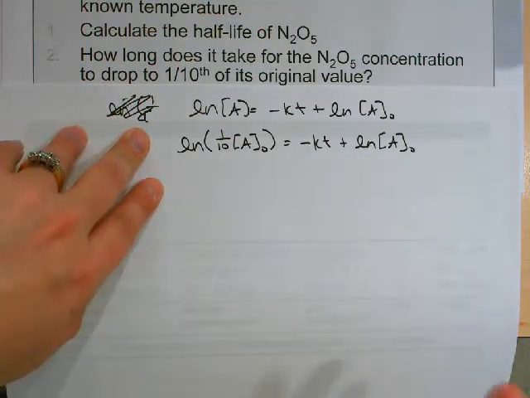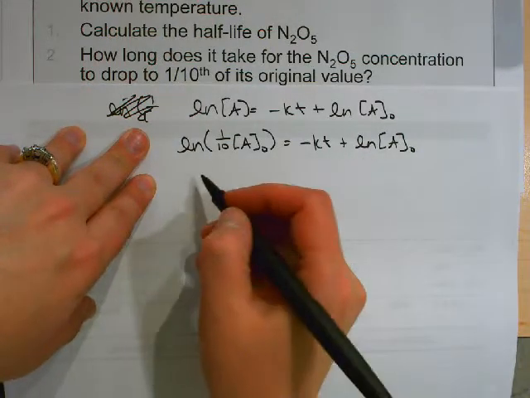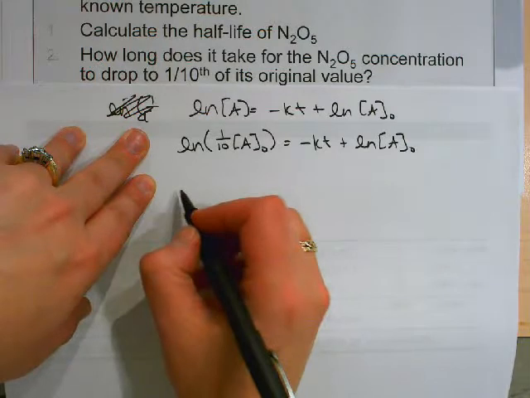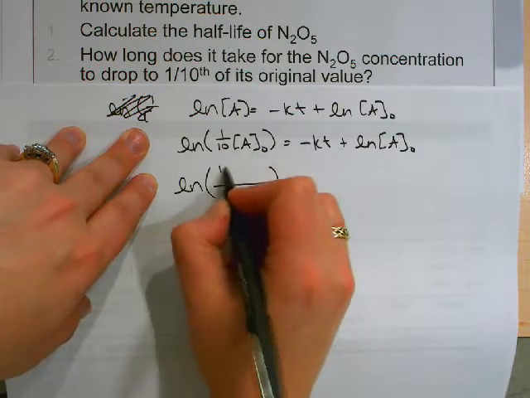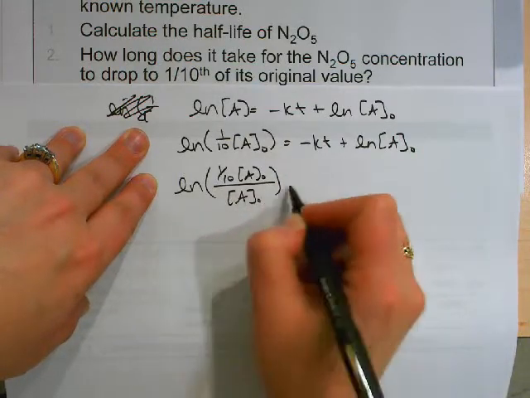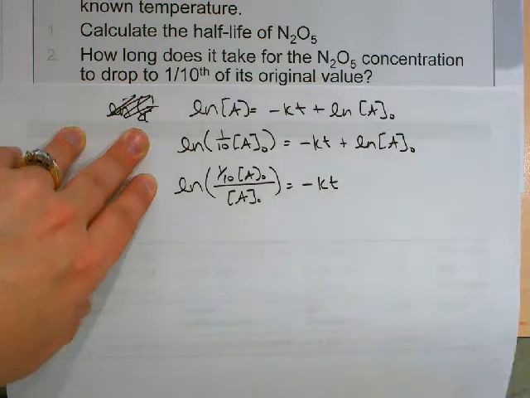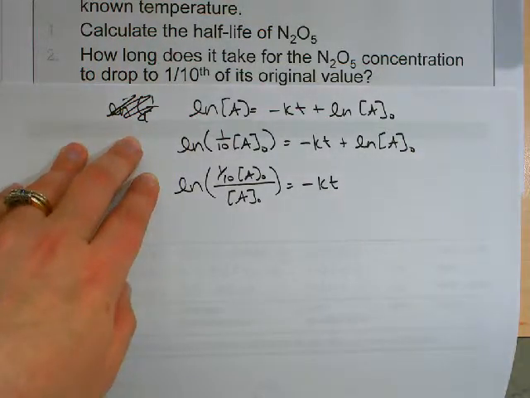Alright, so if we do the same sort of algebra manipulation, we subtract this over here. A subtraction is really a division. Alright, so just skipping the middle step that we did earlier.